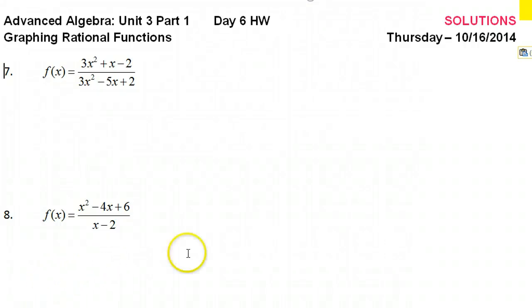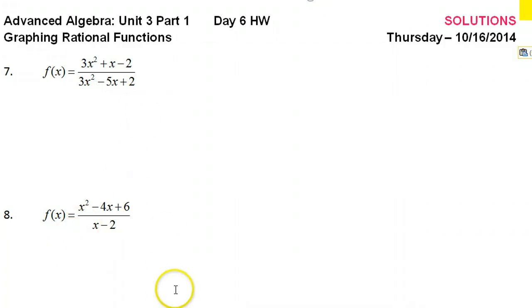Alright, this is the third and hopefully final part of this lesson as we continue to talk about graphing rational functions, but we will be talking about finding all asymptotes, vertical, horizontal, and slant asymptotes, as well as any holes in the graph.